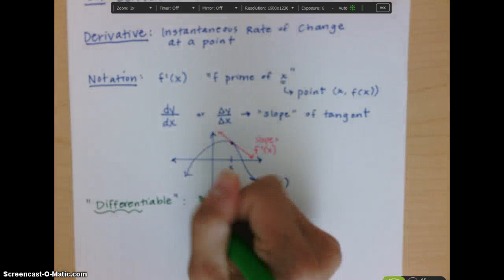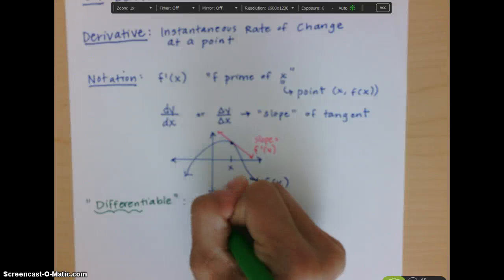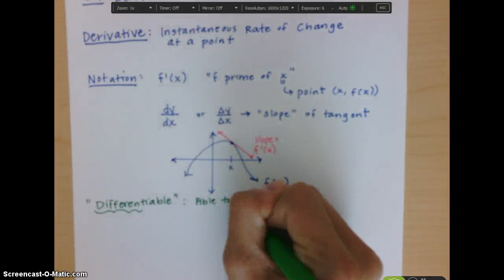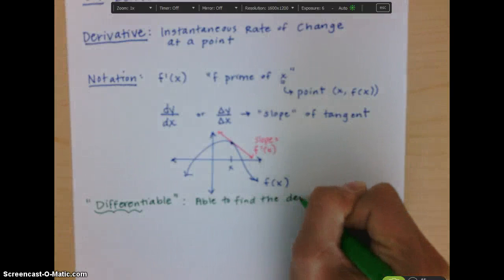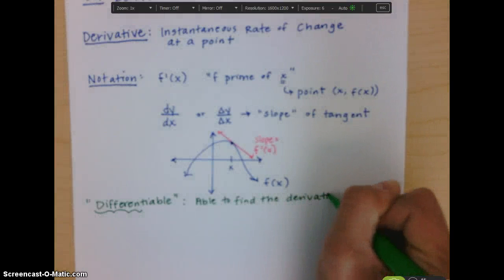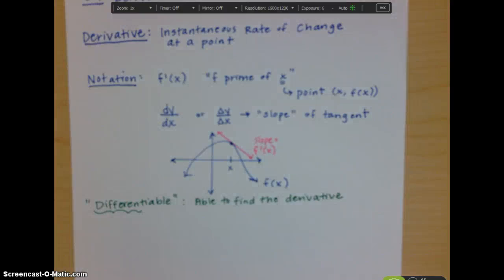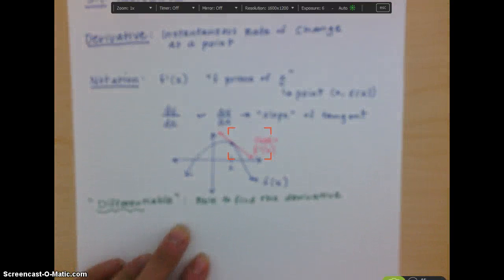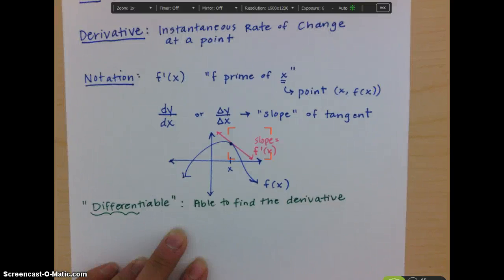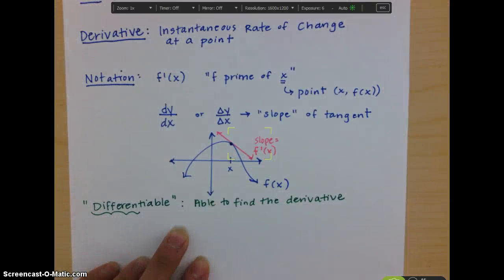So differentiable means that you are able to find the derivative. Which is not always the case. There are times where we are not able to find the derivative. And we're going to discuss a couple of those reasons as to why we may not be able to find the derivative.